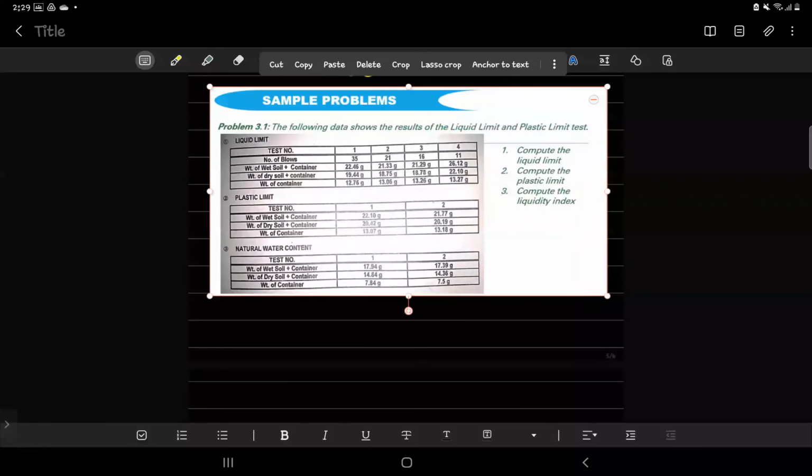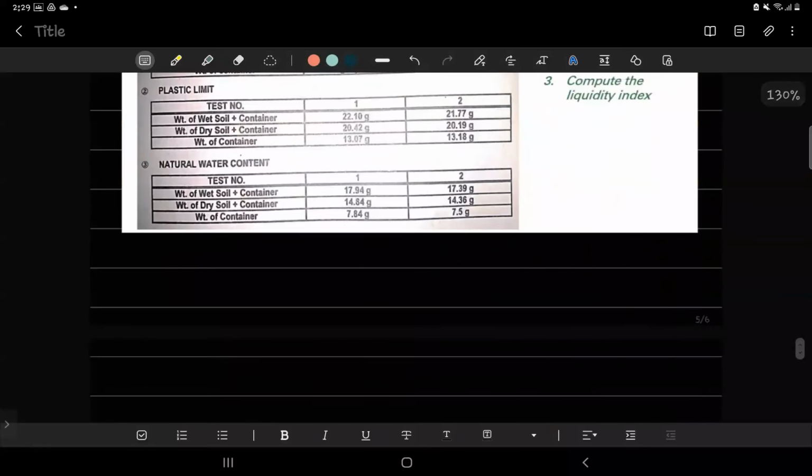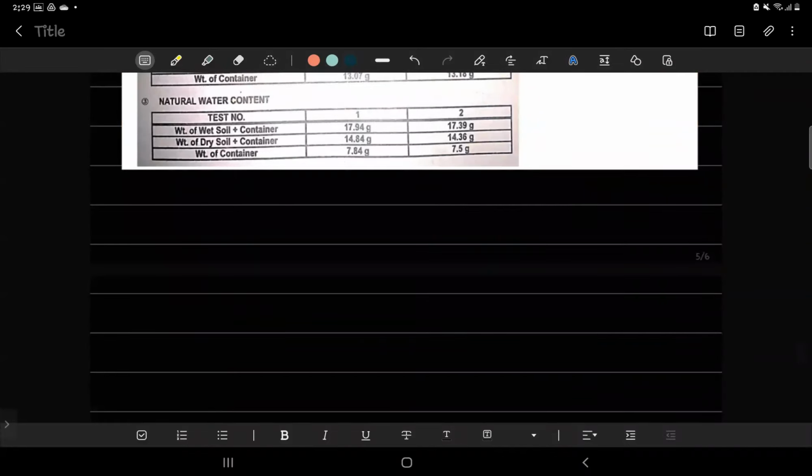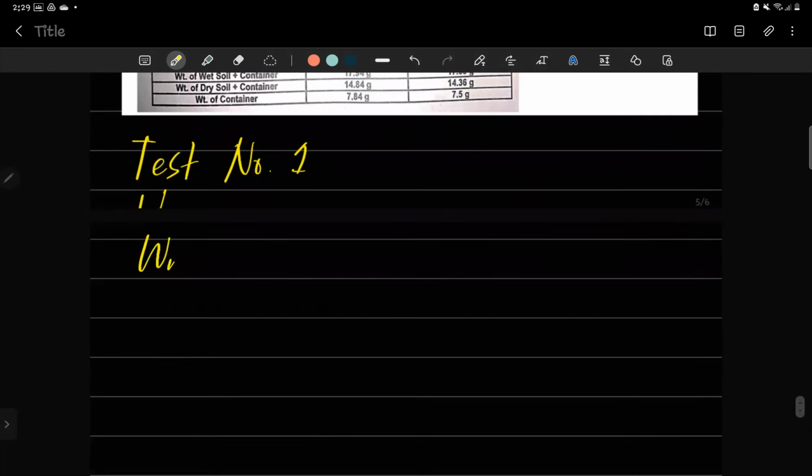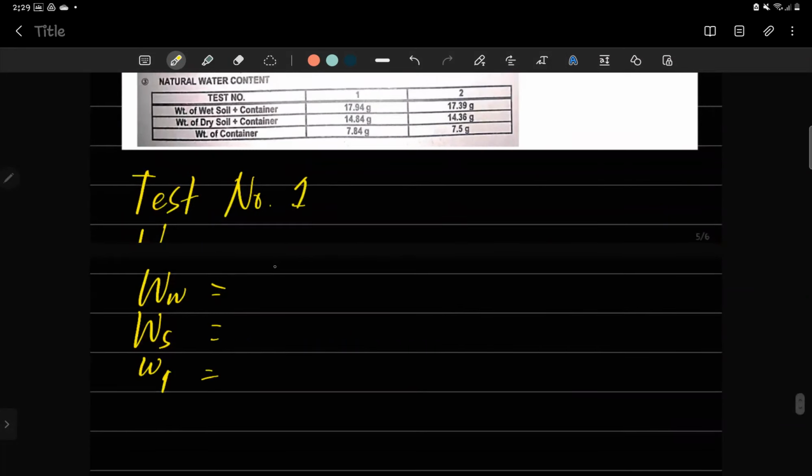Okay, so let's take a look at the value here for the natural water content. We have 2 tests conducted. So we're going to solve for the moisture content for test number 1. We need again the weight of the water, the weight of the dry soil, and the moisture content 1. For test 1, we have 17.94 minus the weight of the dry soil, 14.84. This is equal to 3.1.